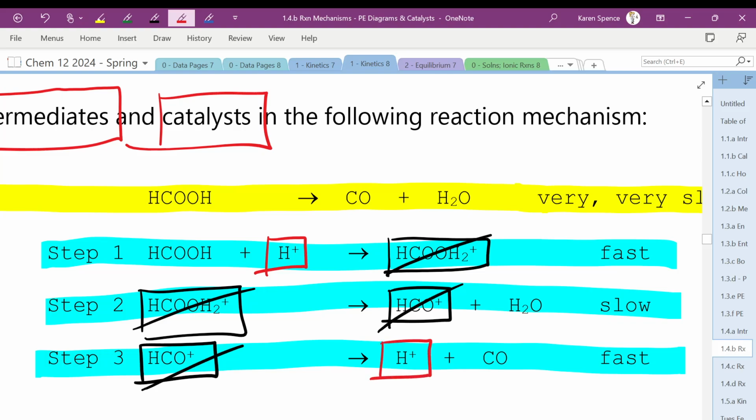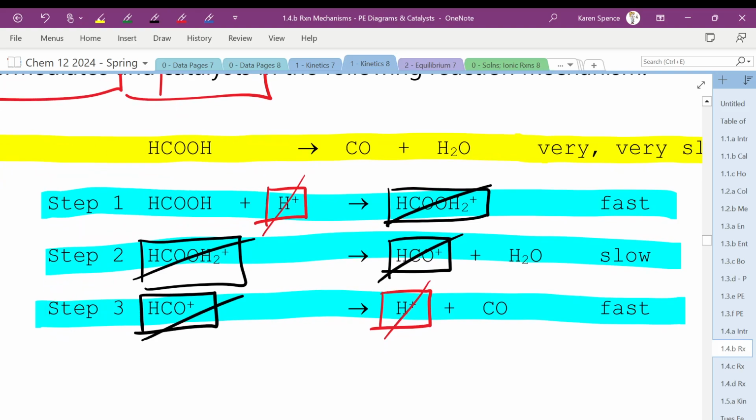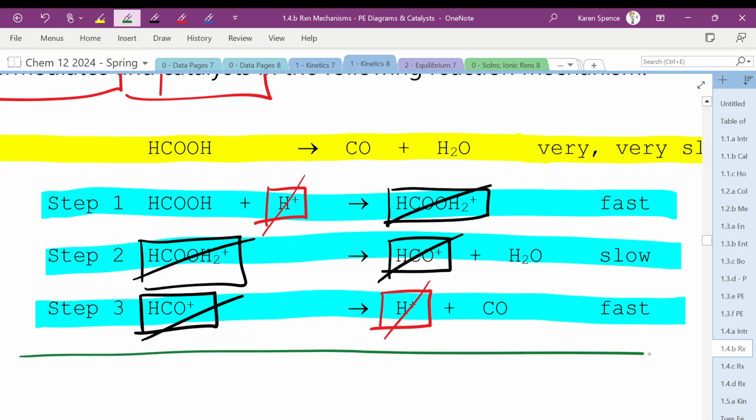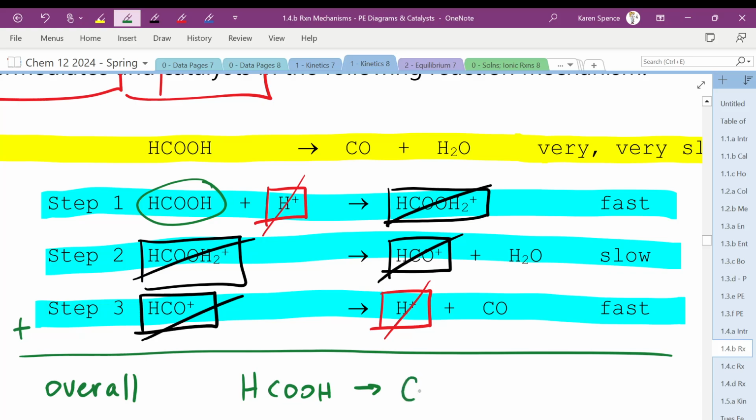So when we are finding an overall reaction, we can also cancel out catalysts because they appear on both sides. If we then add up this reaction to get the overall, shockingly, we have HCOOH goes to CO, because we got that, and we have an H2O.